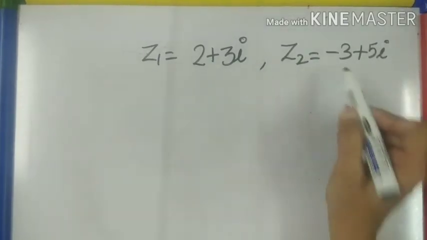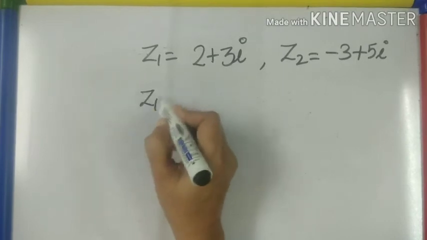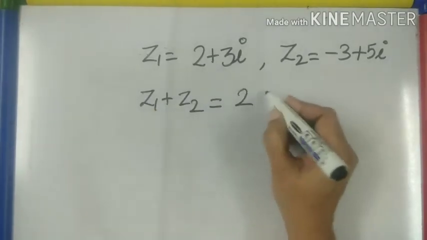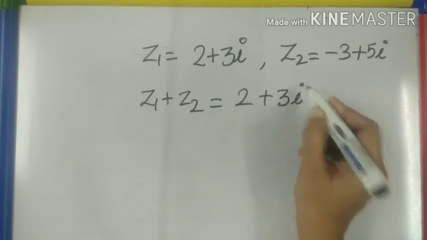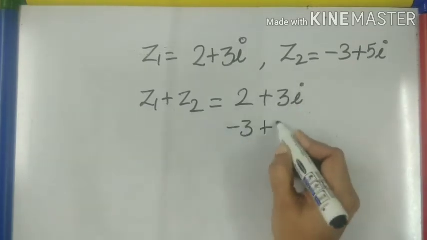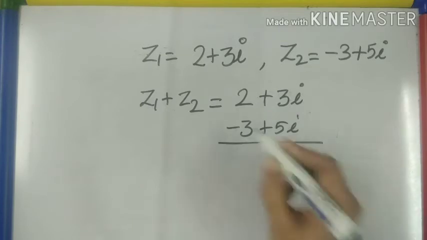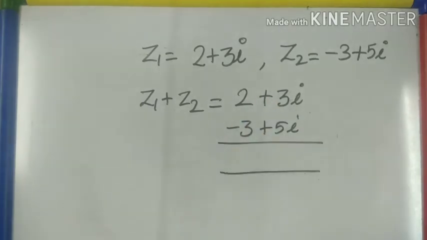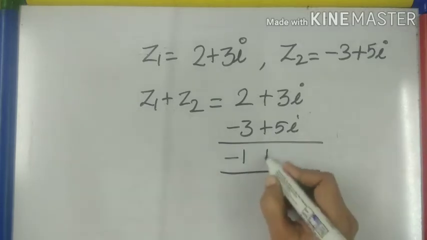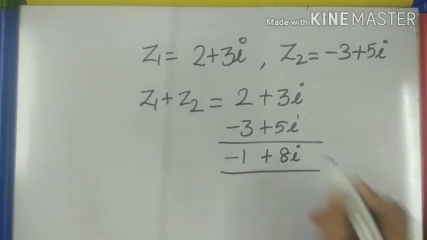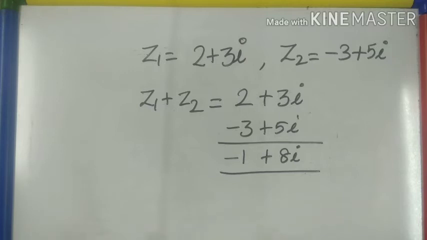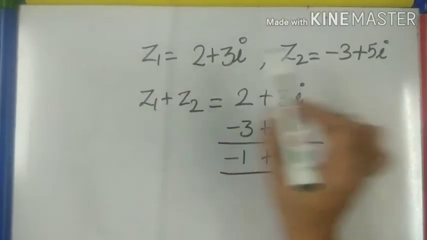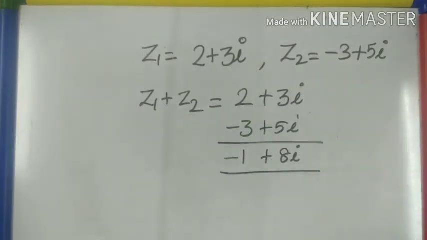How many numbers are given? 2. How should I add it? z1 plus z2 means you can write like this if you are a beginner. I am adding real and real, imaginary and imaginary. So what is my answer? Minus 1 plus 8i. So by addition I mean real and real you add, imaginary and imaginary you add.